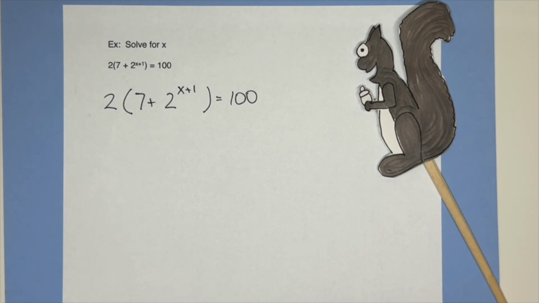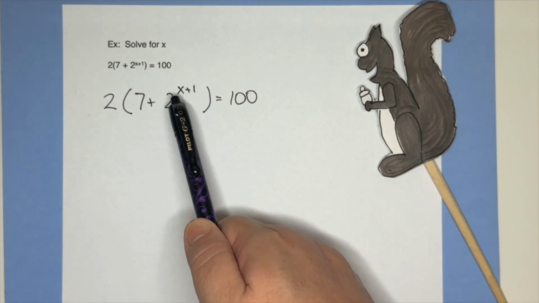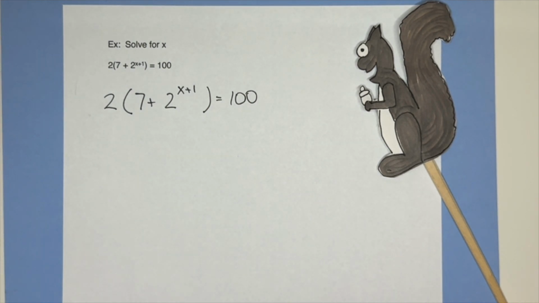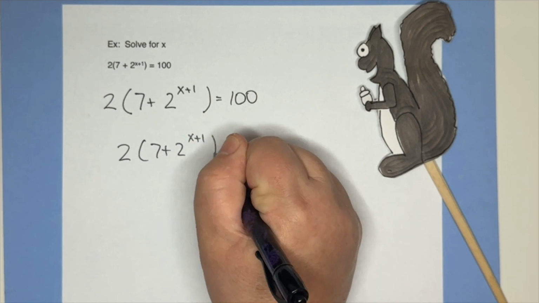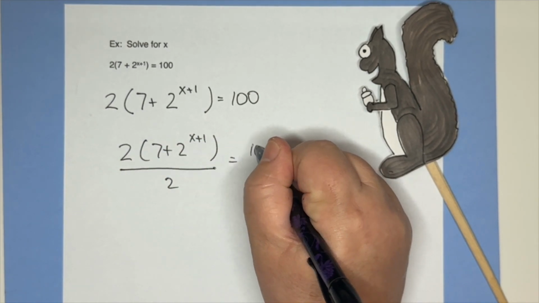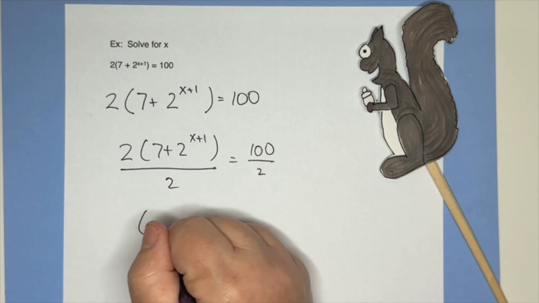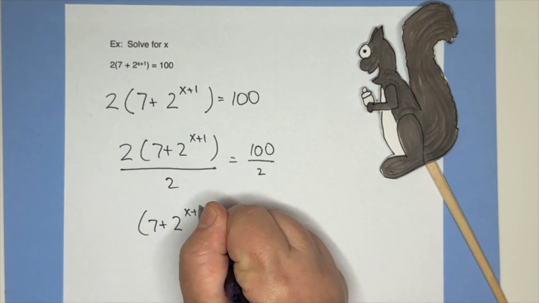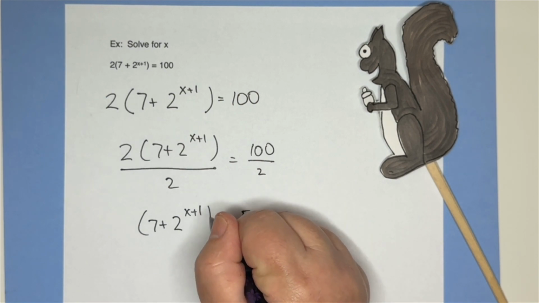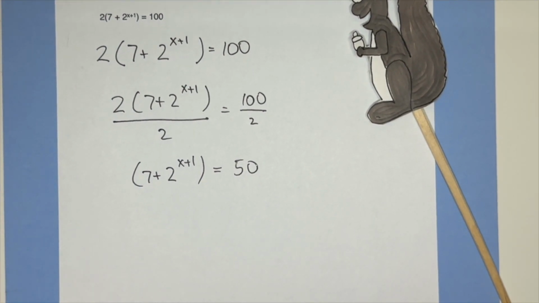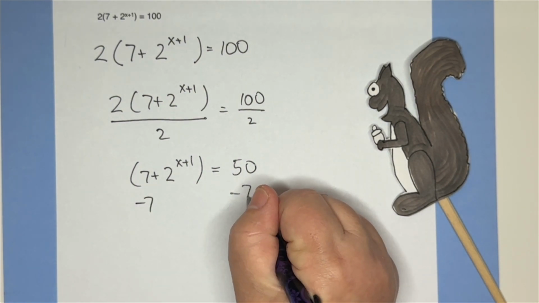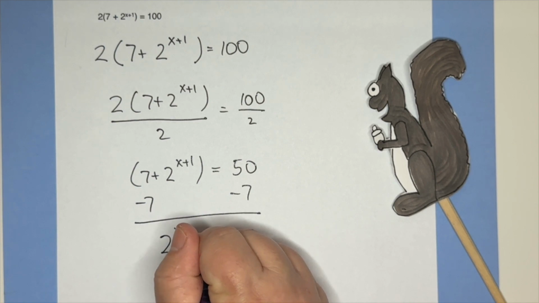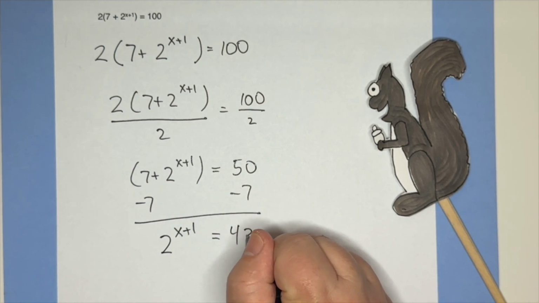Well, I would propose that what you want to do is you want to isolate the x, which means you want to isolate this thing, which means I'm going to divide both sides by 2, to get 7 plus 2 to the x plus 1 by itself. And then thoughts about what I'm going to do next? You got it. I'm going to subtract 7. And I'm going to say 2 to the x plus 1 equals 43.